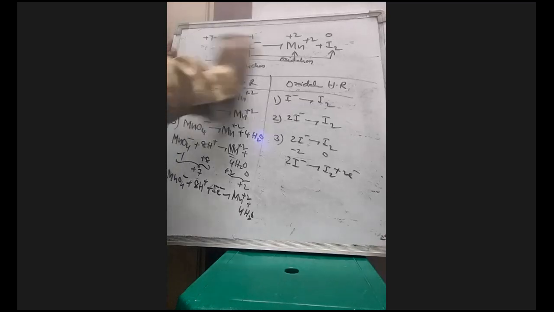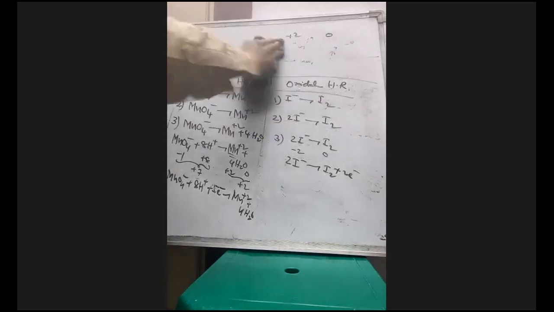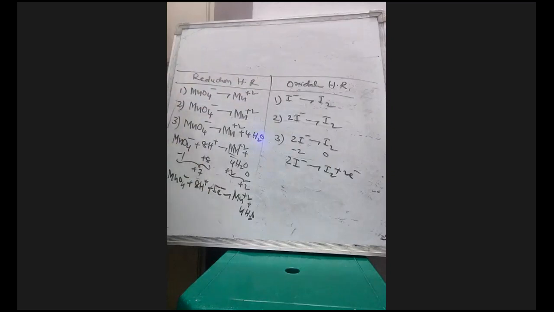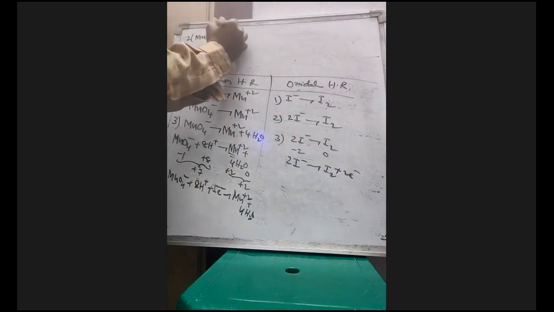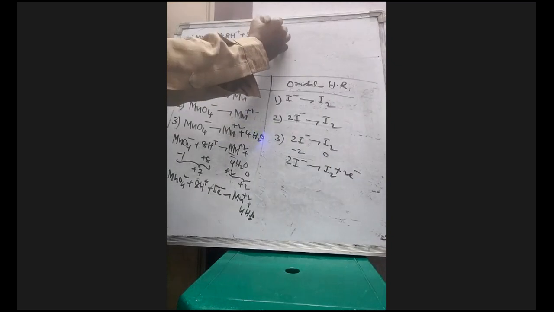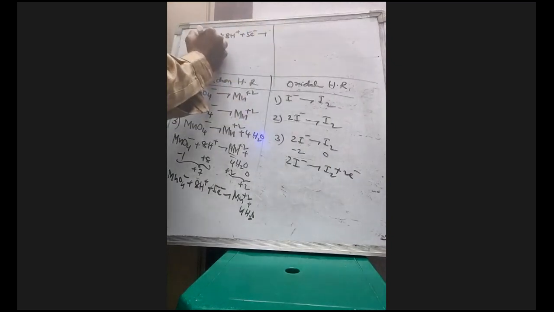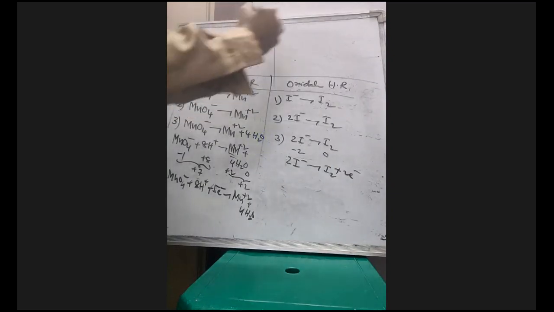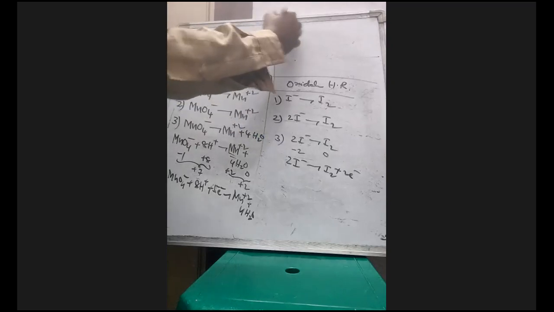For that, we just cross multiply. You see, here there are 2 electrons and here there are 5 electrons. So you multiply the first equation by 2 and the second by 5.